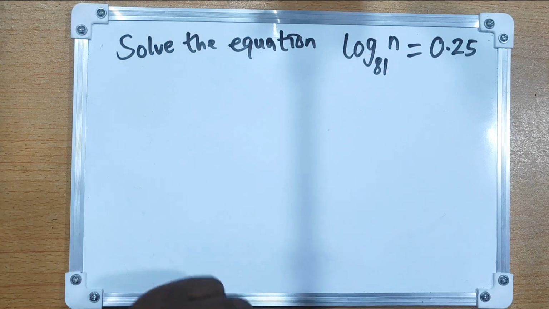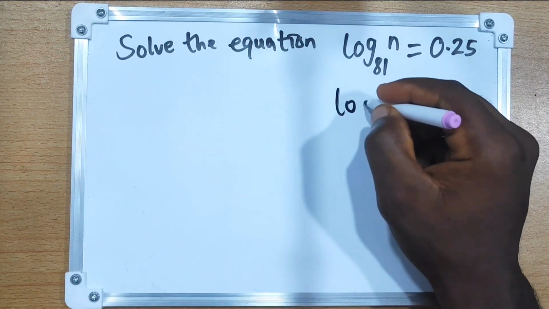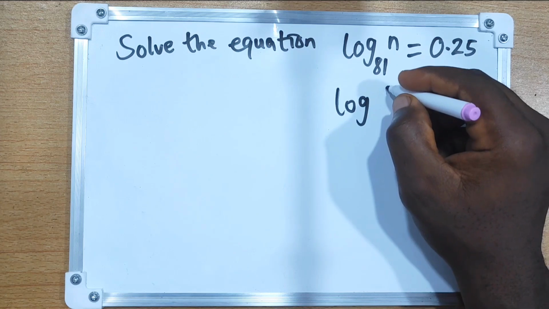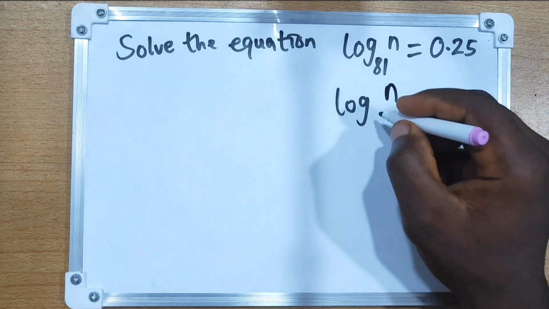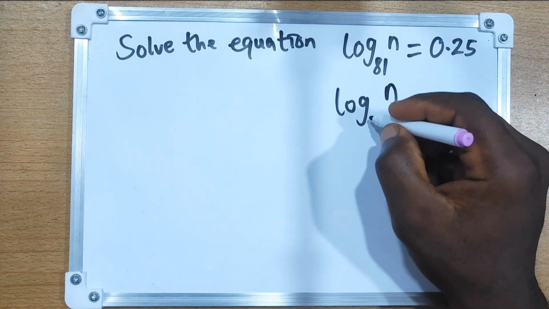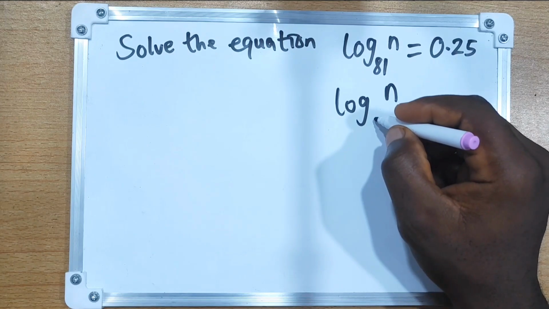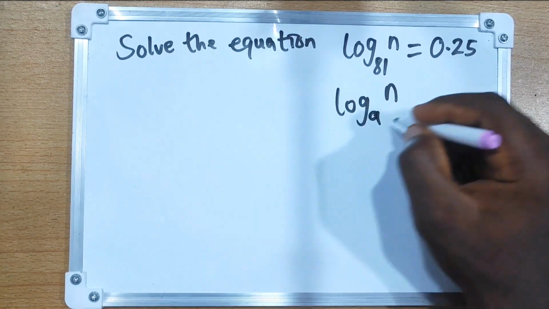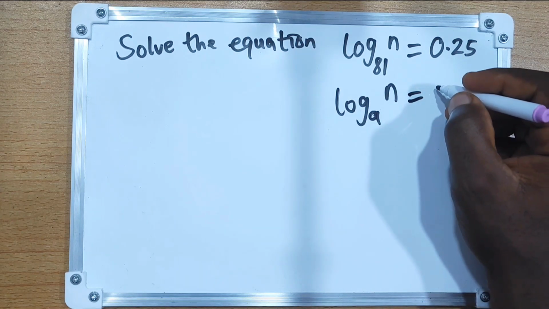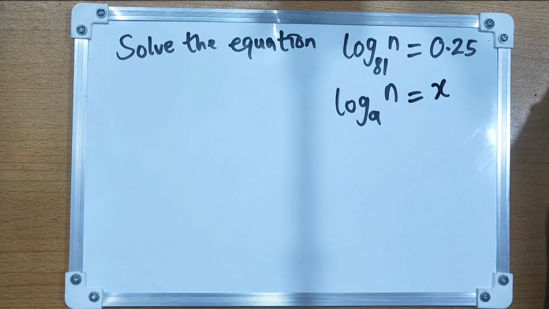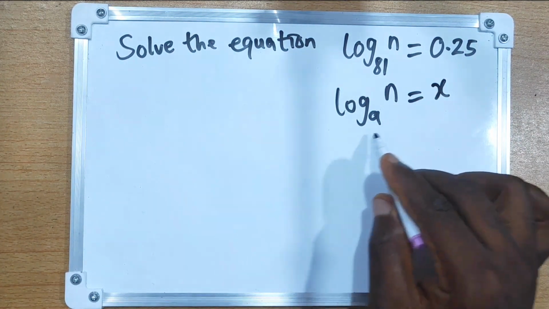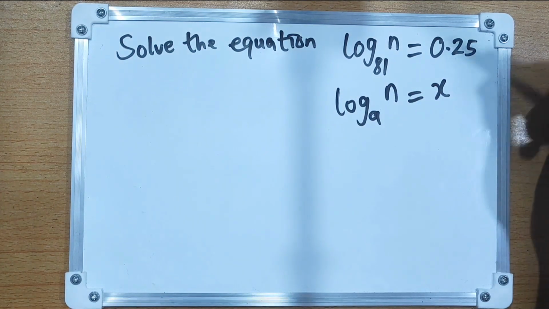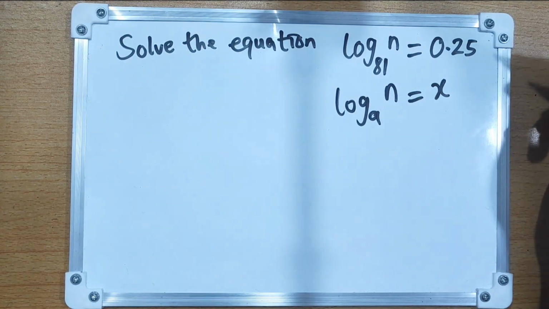And so if you have log of a number, let's say number n, to a base, let's say base a, and this logarithm is equal to a number x. Now you can transform this logarithm to an indicial form, that means a form in indices.